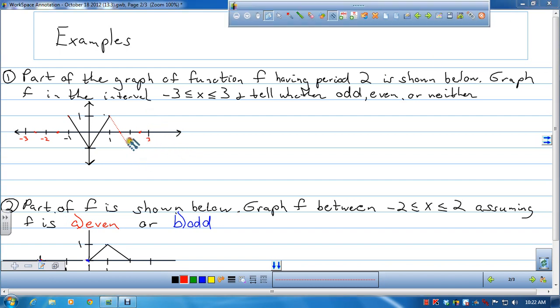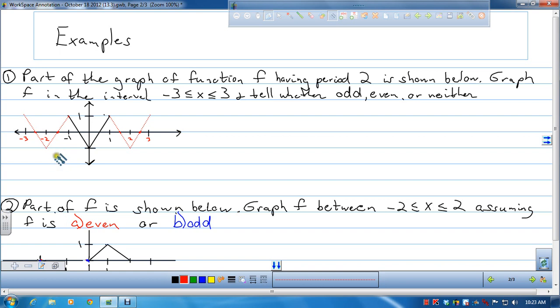There's that end of it, and there is that end of it. Okay, so I've repeated that graph. So now I've got an interval from negative 3 to positive 3 because I had to go 2 more there, so I knew I needed to complete another period, or another complete graph right there.